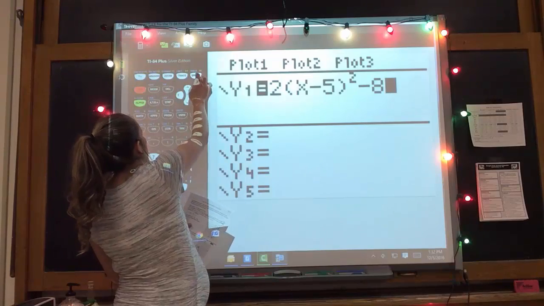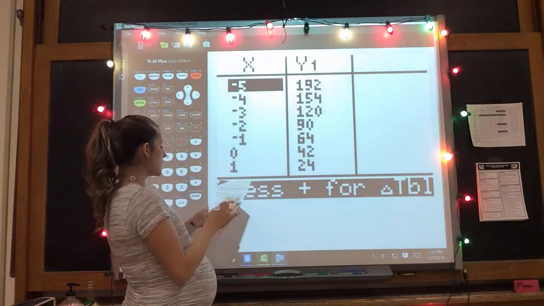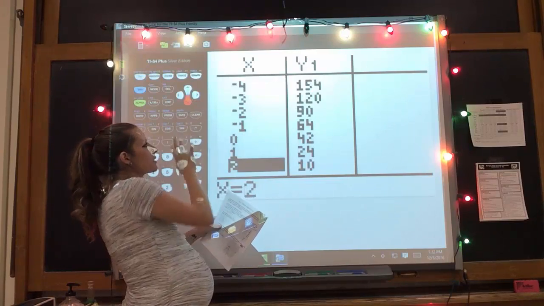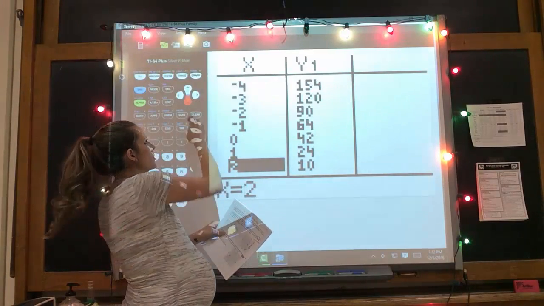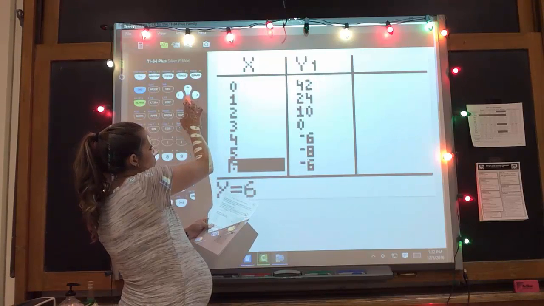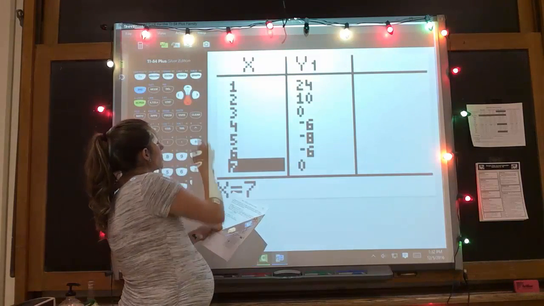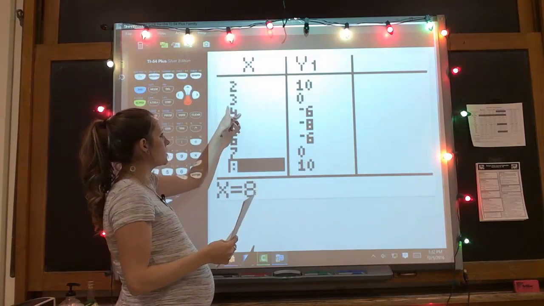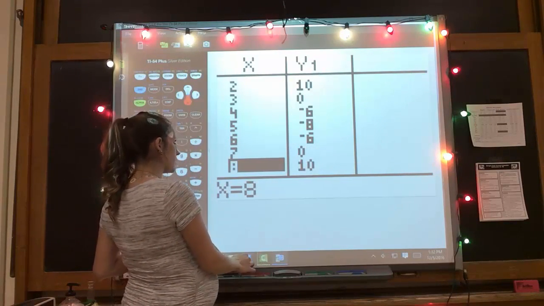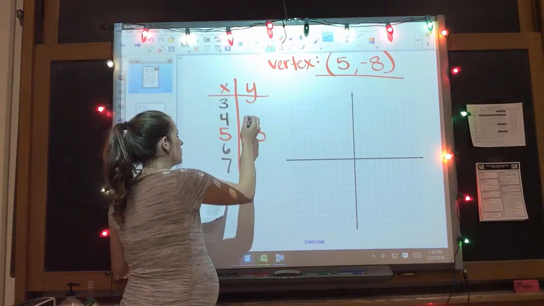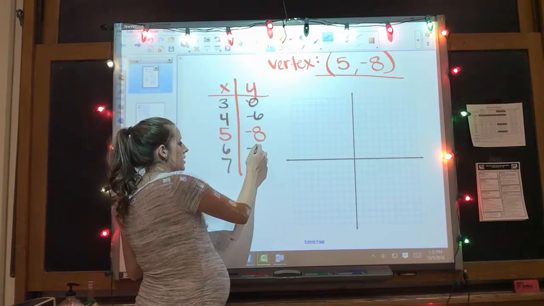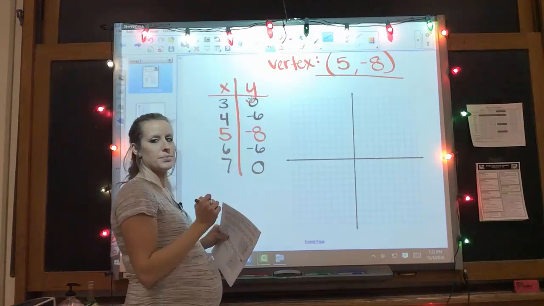So second graph, and it's going to tell you all your points. Like I said, you want to be around the vertex so you know how the parabola is moving. So when x is 3, my y is 0; at 4, negative 6, and we're going to fill in that table. 5, negative 8; 6, negative 6; 7, 0.